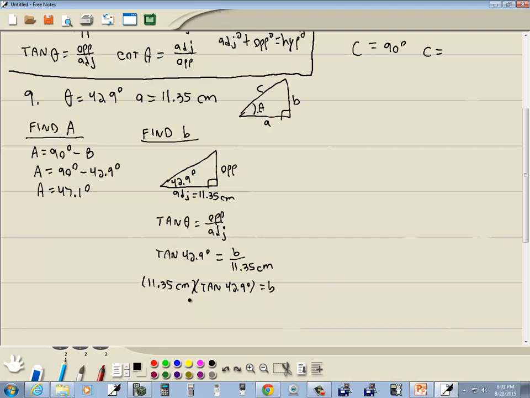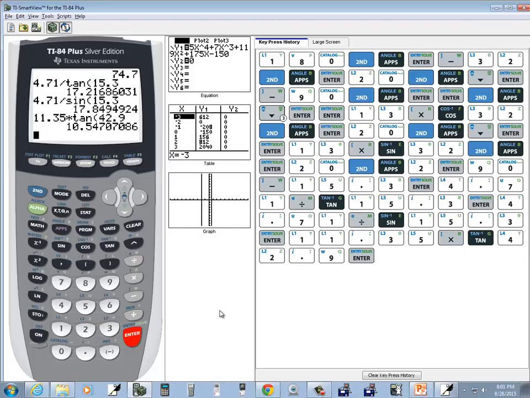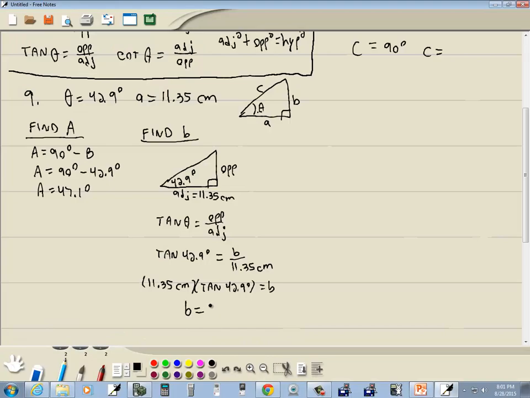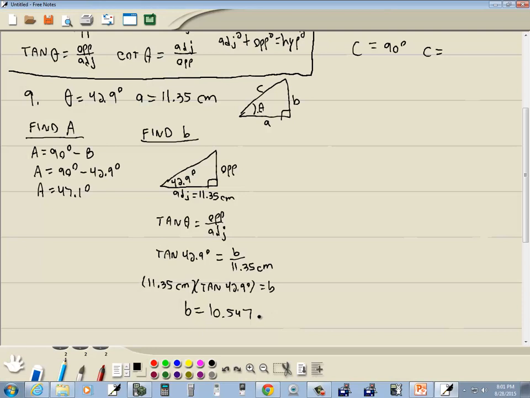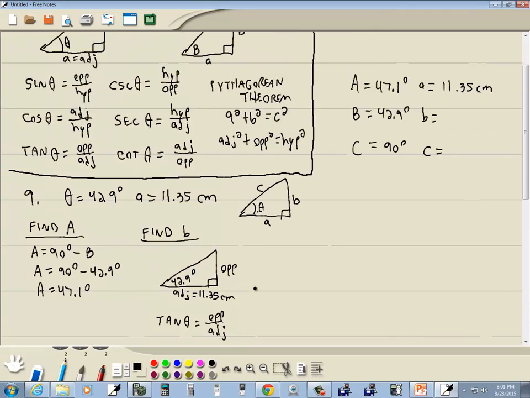I'll take it to 3 decimal places. So we got b is equal to 10.547 centimeters.